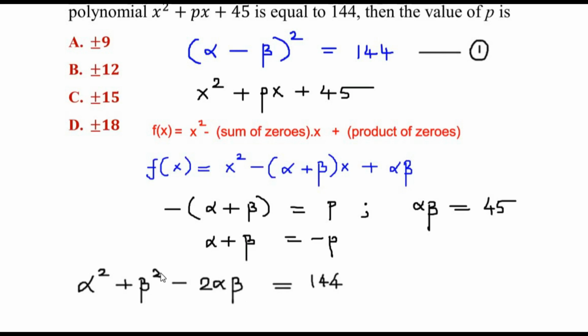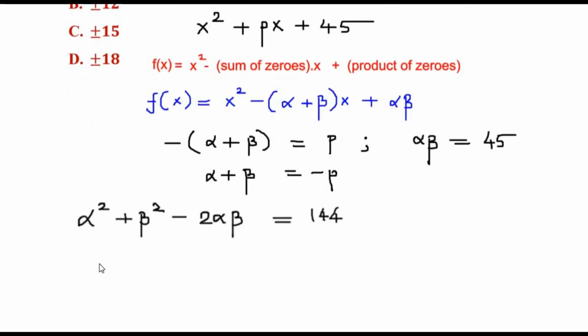So a little bit of adjustment or manipulation needs to be done here so that we can make use of alpha beta in this expression. So here I am just going to make a small adjustment: alpha square plus beta square minus 2 alpha beta, and I am going to add plus 2 alpha beta on both sides of the equal to sign.